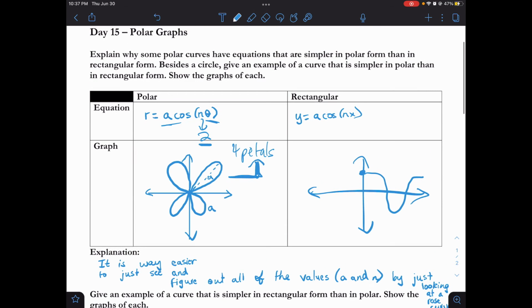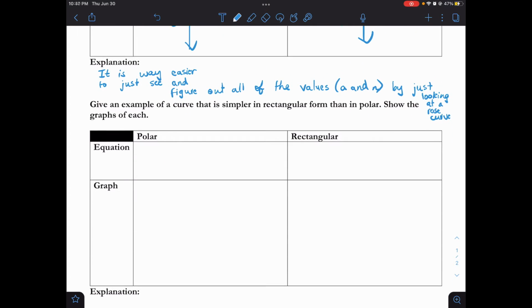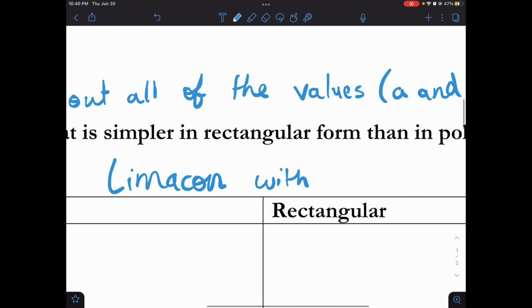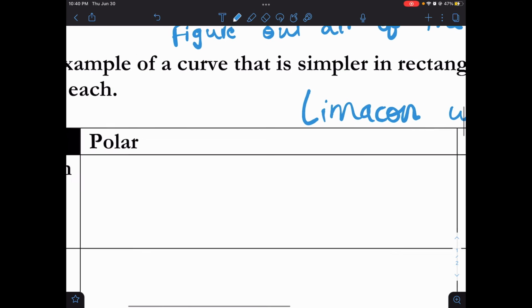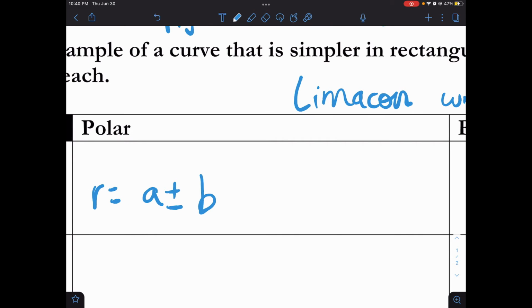So the rose curve is easier, but I'll say that a curve that is easier in rectangular form will be the limacon with an inner loop, because the equation in polar form is r is equal to a plus or minus b cosine or sine of theta.